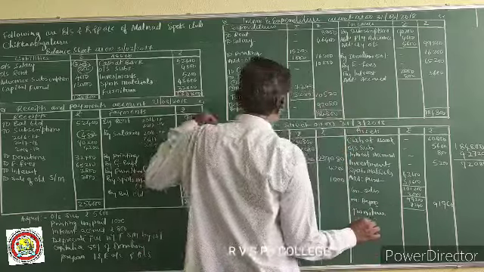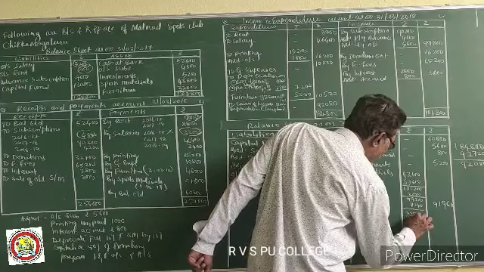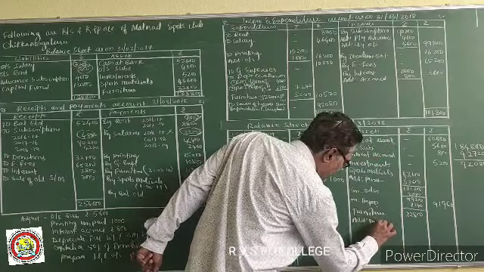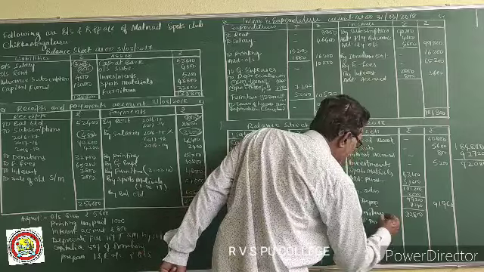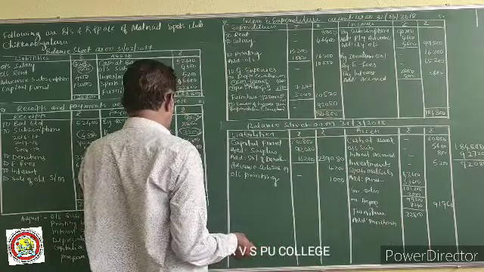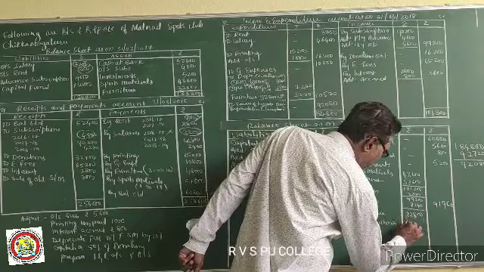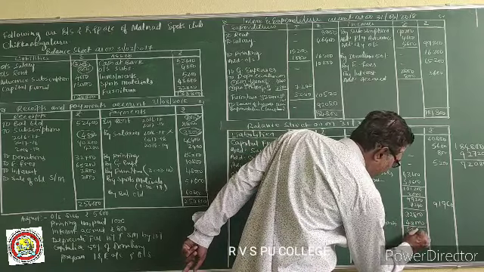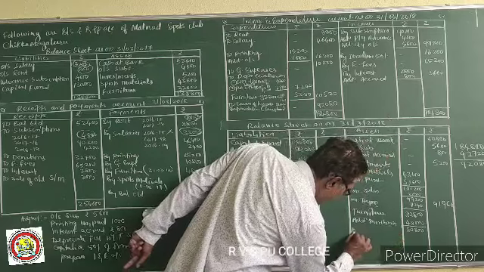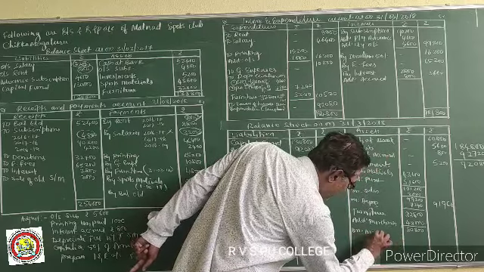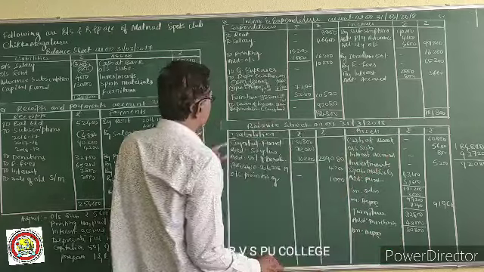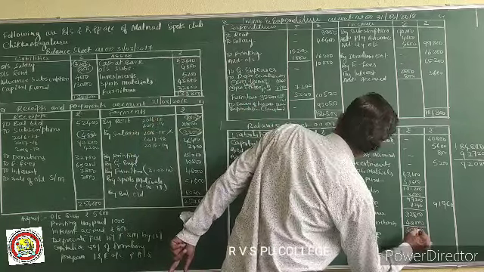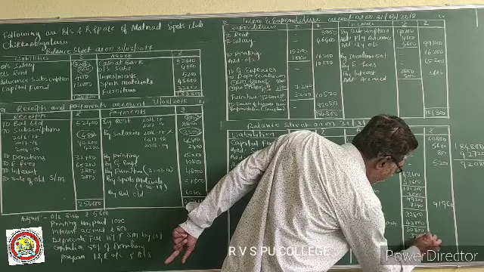After this, furniture is there. So opening furniture is 32,800. Add purchases, so 48,000. So here 80,800 less depreciation. Just we found out 3,280.